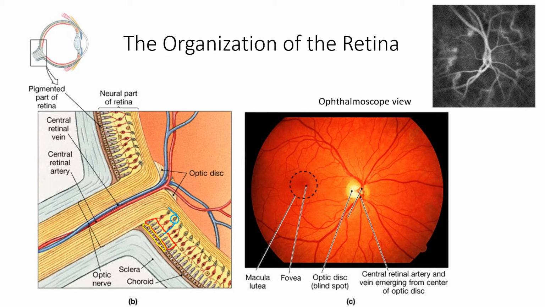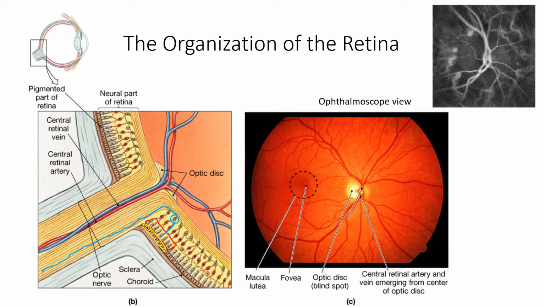They're going to conduct an action potential through their axons all the way back to the occipital lobe of the brain. And the optic nerve is just a big bundle of axons from these ganglion cells, with, again, a hollow in the middle that contains the central retinal artery and vein.